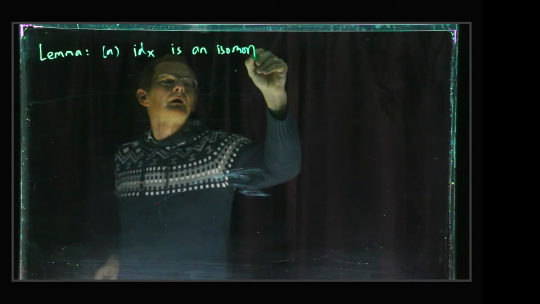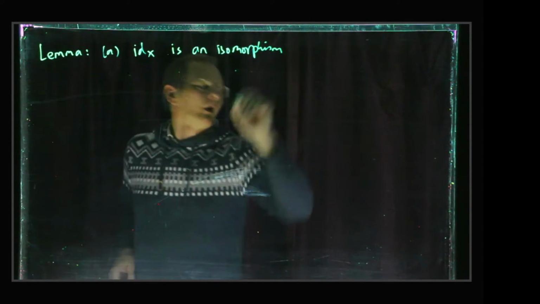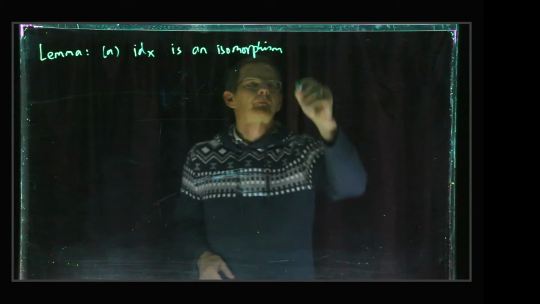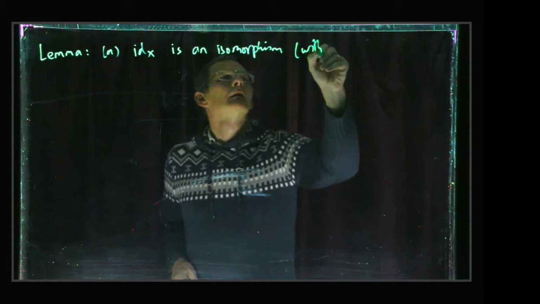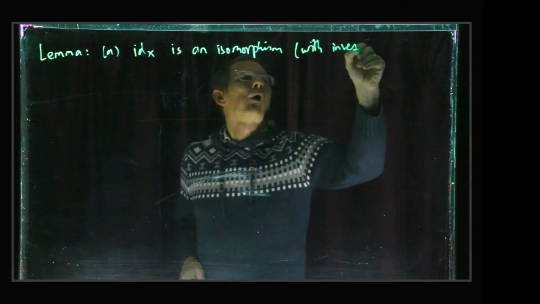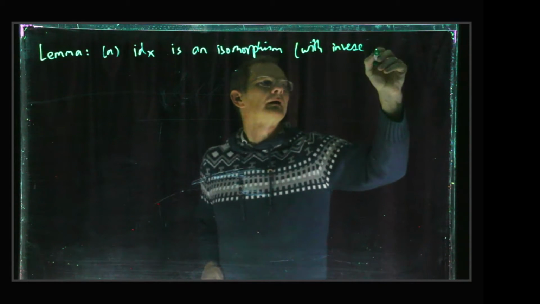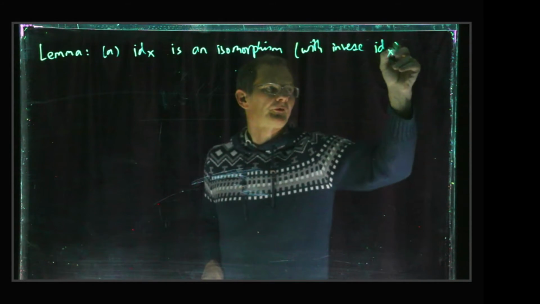Firstly, just that identities are isomorphisms. The inverse of the identity is, of course, just the identity again.